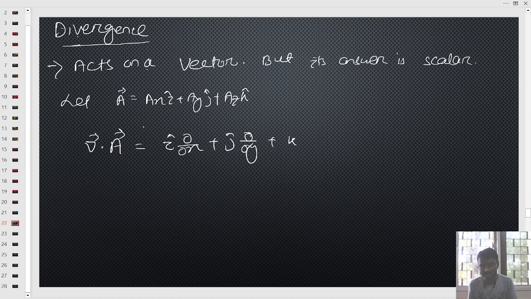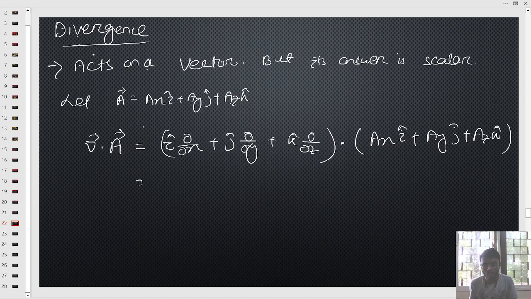So I write i cap del upon del x plus j cap del upon del y plus k cap del upon del z, dot product with the vector A, that is ax i cap, ay j cap and az k cap. You all know what a dot product is.